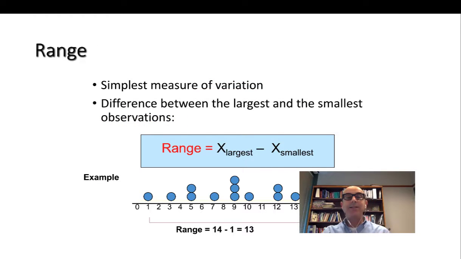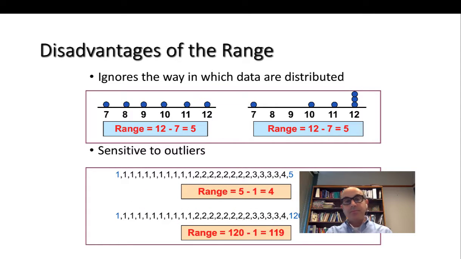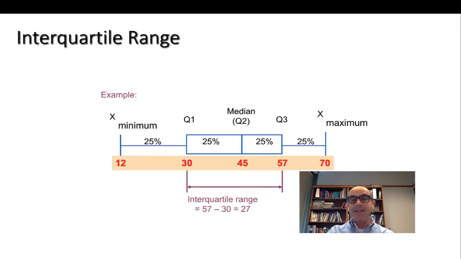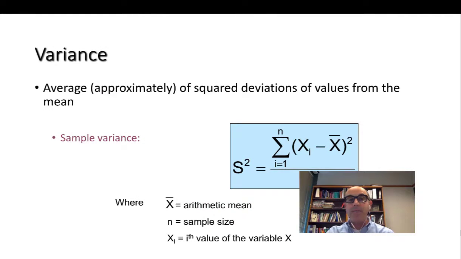The range is the largest number minus the smallest number, and the disadvantage of the range is that it ignores the way in which the data are distributed in the data set. This is why the interquartile range, quartile 3 minus quartile 1, gives us a more precise way when we are talking about the data set and how we apply it.